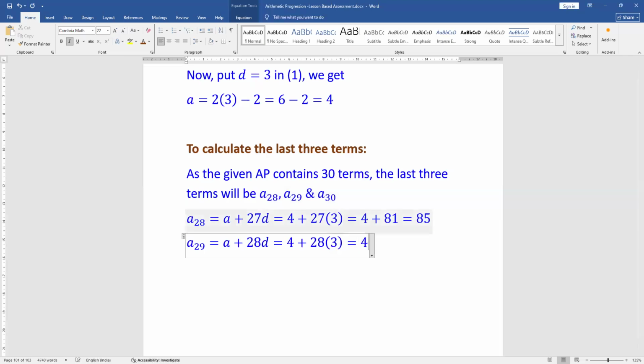So now we have 4 plus 84, which equals 88.